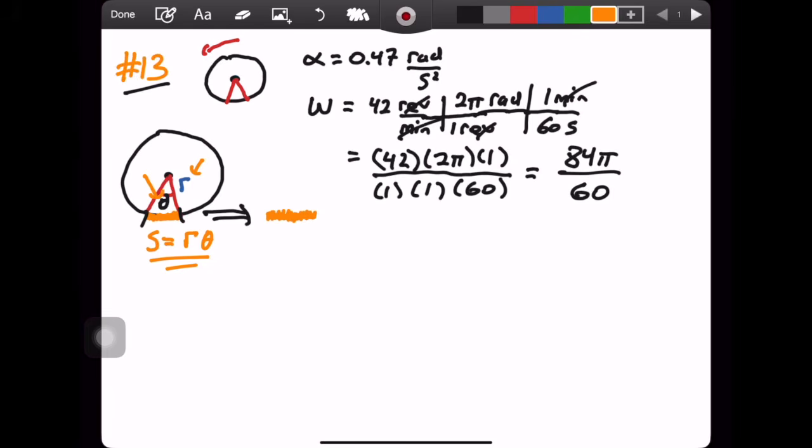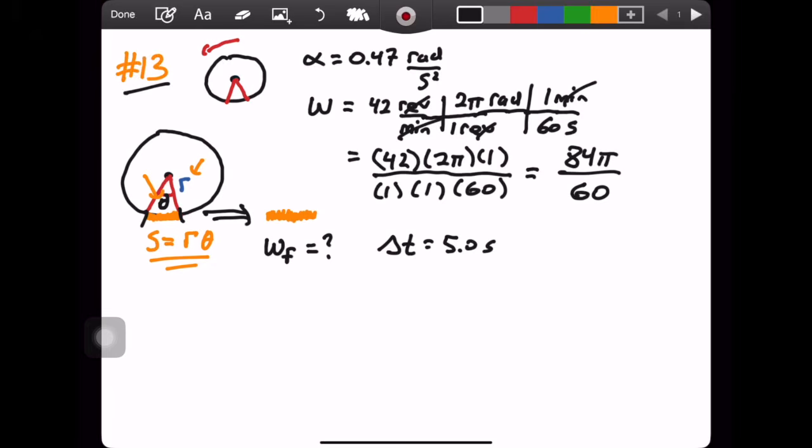Part A of this problem, what they want us to do is figure out what is the angular velocity omega final 5 seconds later. So delta t we know now is going to be equal to 5.0 seconds.